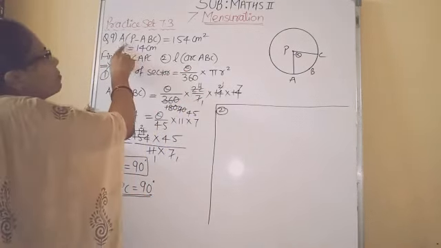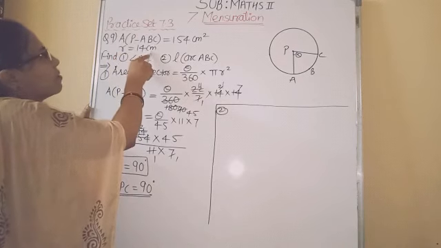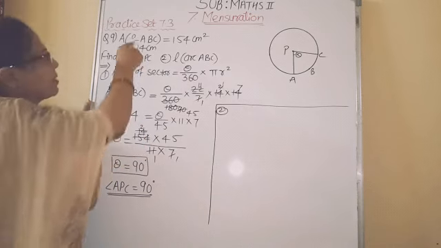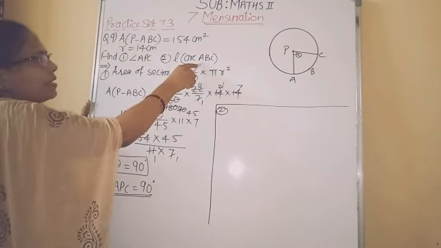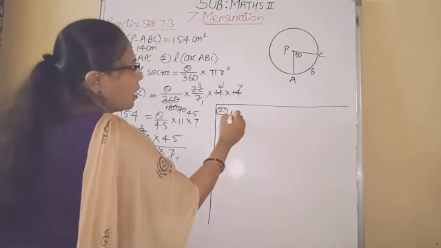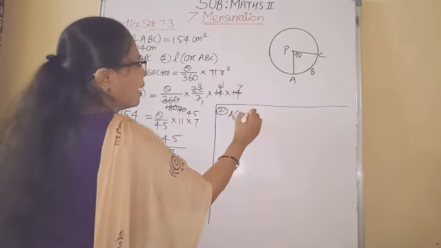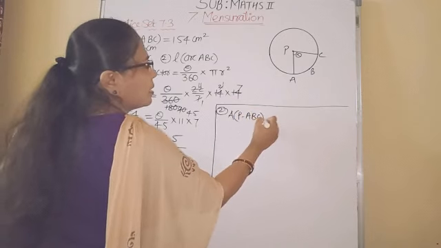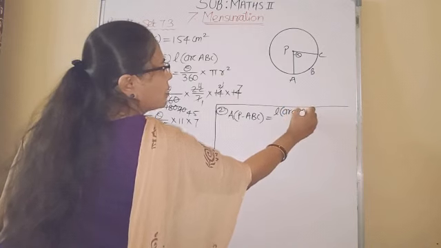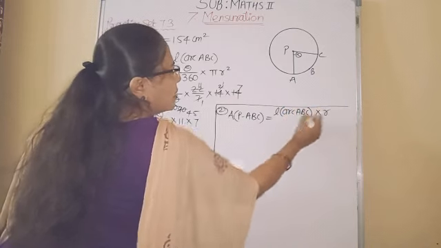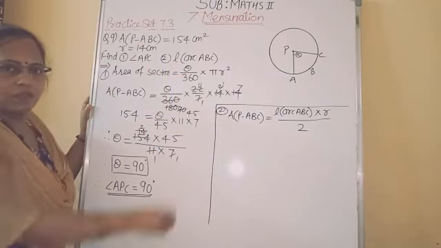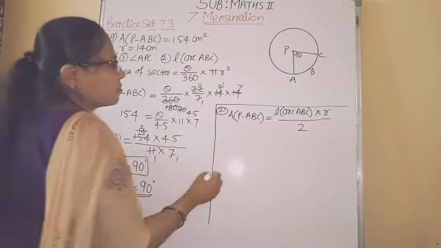We have area of sector with us and radius of circle with us. So we have to use the relation between area of sector and length of arc. That area of sector P dash ABC is equal to length of arc ABC into radius divided by 2. This formula we used before also.